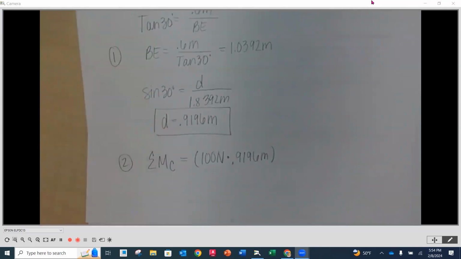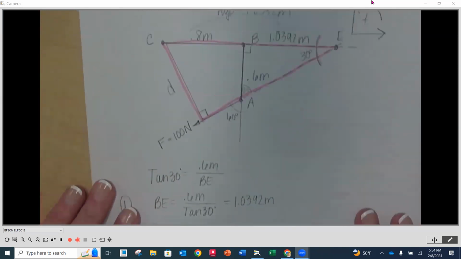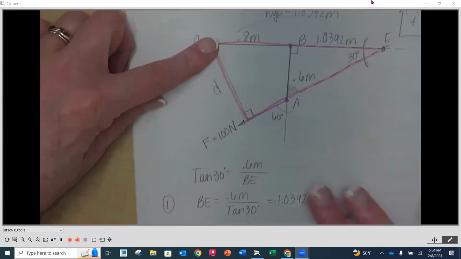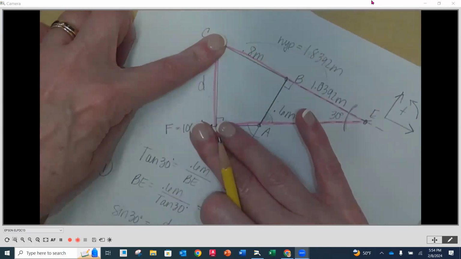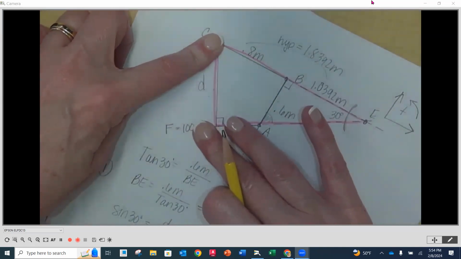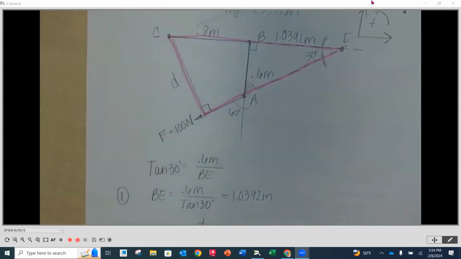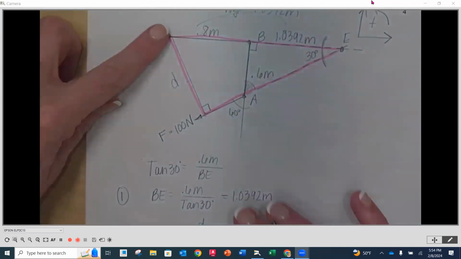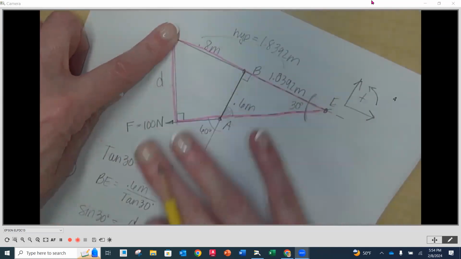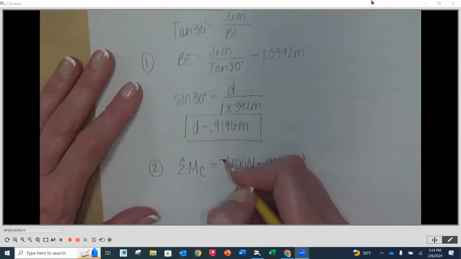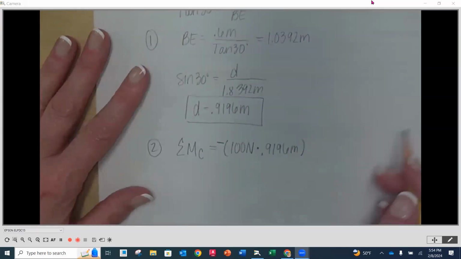Now, before I start calculating anything, what do I need to add here? I'm missing something. I'm missing the sign. So I need to go up here. I need to put my finger on C, and I'm going to pull in the direction of the 100 Newton force. And which way is it going? Positive or negative? It's going negative. Yes. So it's going clockwise, so negative out front.